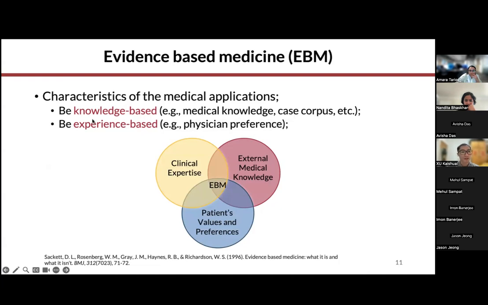Another perspective is that your decision is generally based on experience, which contains physician preference. This preference here refers to clinical expertise. An expert doctor or expert professional can behave differently compared with medical students or those just after graduation.